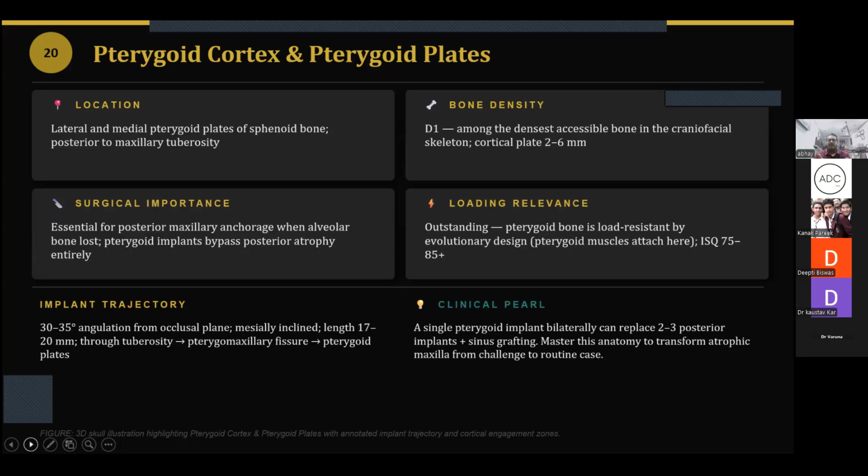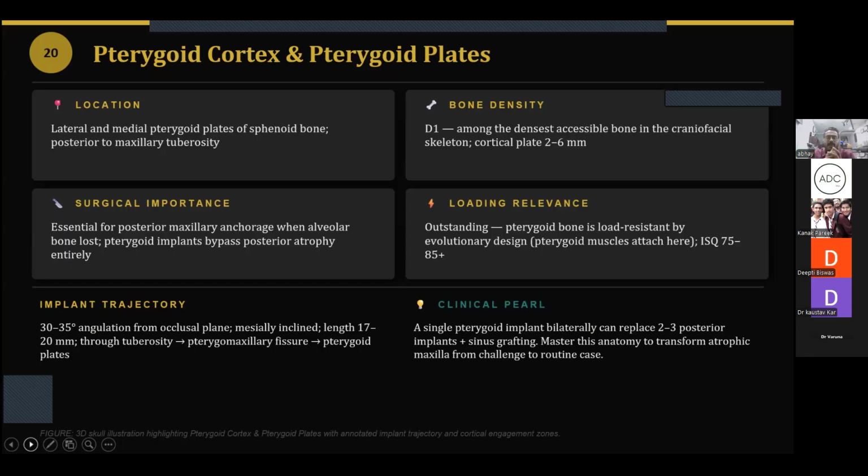So what do we do? What is the all-on-4 concept? We try to increase the AP spread by tilting the posterior-most implants. Still, we have to give cantilevers most of the time. Now, this pterygoid, which is behind the maxilla, is a thin, not that thin, but the bone density, the cortical plate thickness is about 2 to 6 over there.